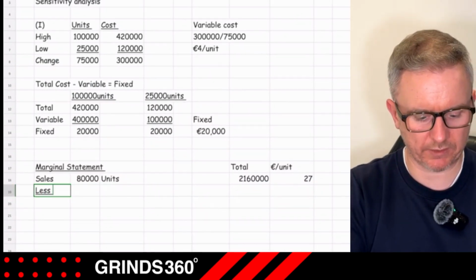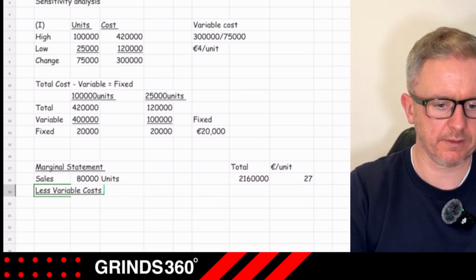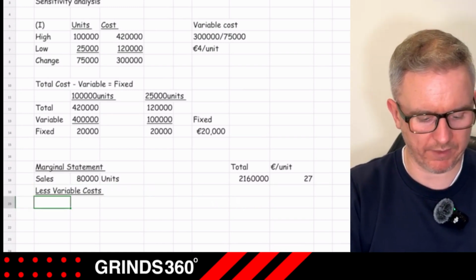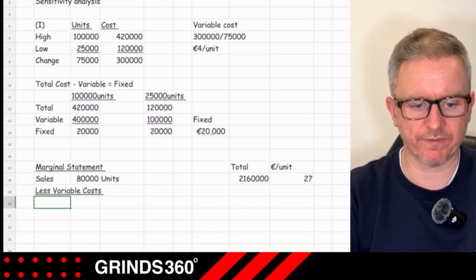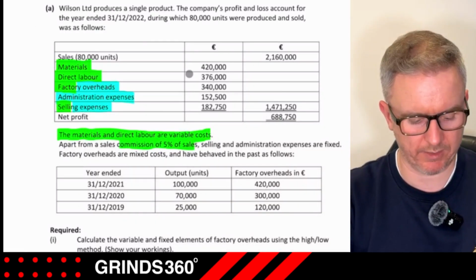Then we're going to subtract all our variable costs, so less variable costs. Go to your question first and take anything that's definitely variable, so materials and direct labour.